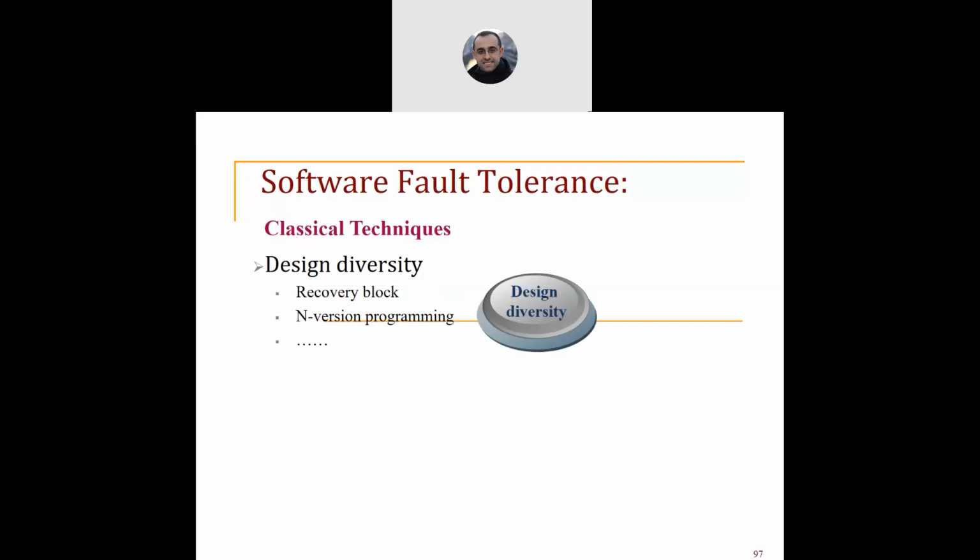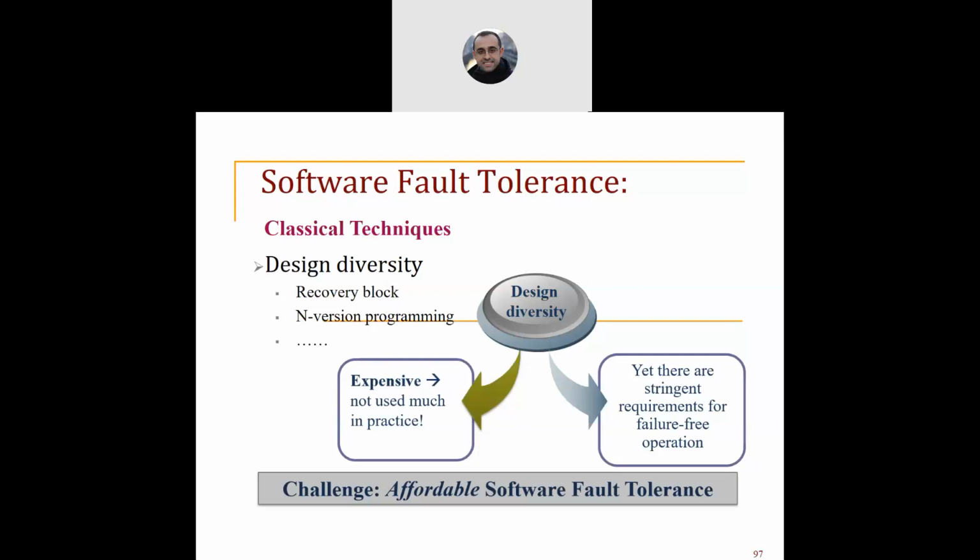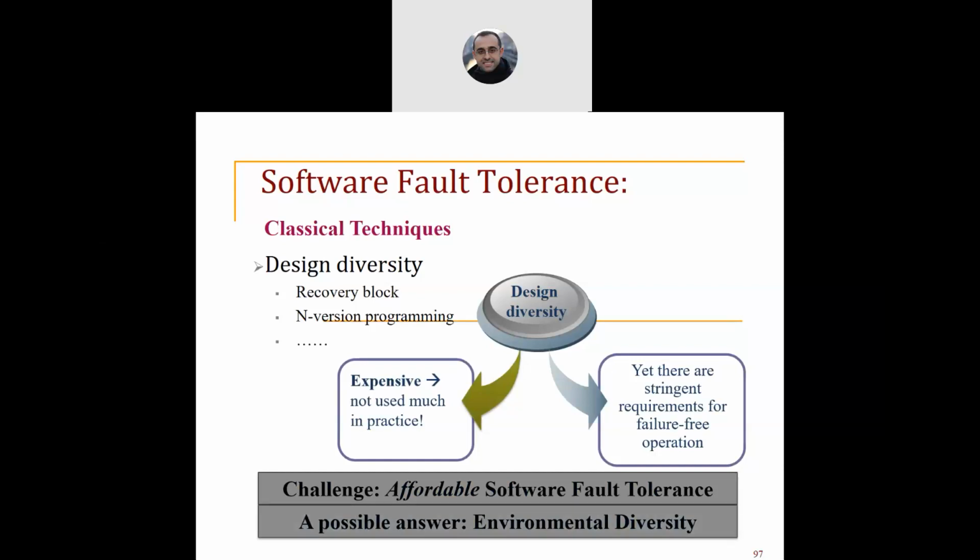Therefore, this idea of design diversity is very nice, and the literature is full of it on software fault tolerance, but it's expensive and not much used in practice unless we're talking about life-critical systems. And yet we require our software not to fail, and so we need affordable software fault tolerance. And what we find in this IBM SIP is what we now end up calling environmental diversity.